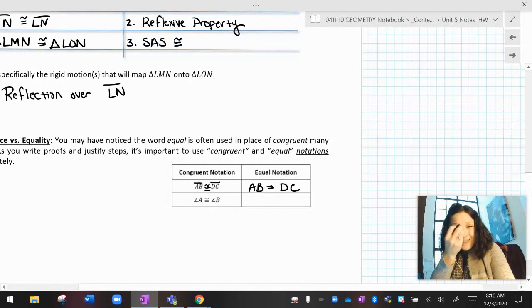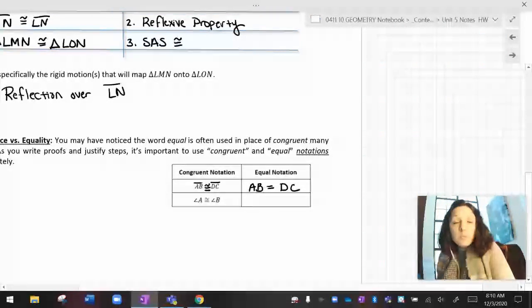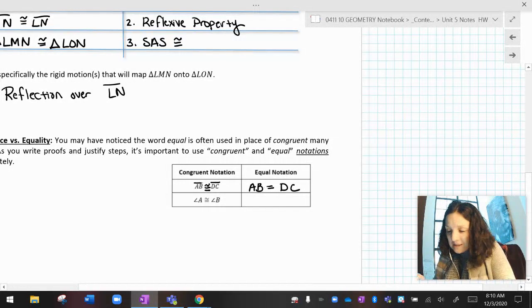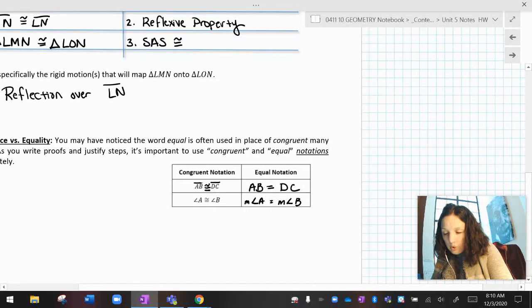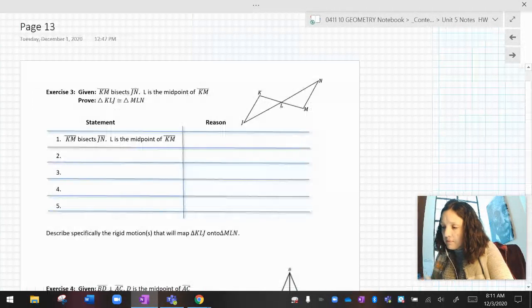Congruence notation says things are congruent. Equals notation says that numbers are congruent. The length of AB is equal to the length of DC. It doesn't matter which one you use, but try to be consistent. All right. Angle A is congruent to angle B, whereas the measure of angle A is equal to the measure of angle B. So I just wanted to make sure you were aware of those notations. Okay. Doesn't matter what you use as long as you're consistent.